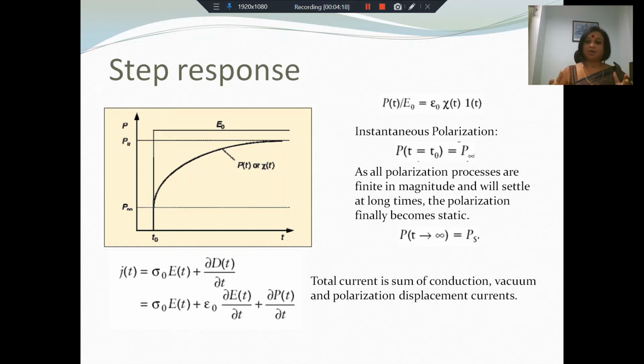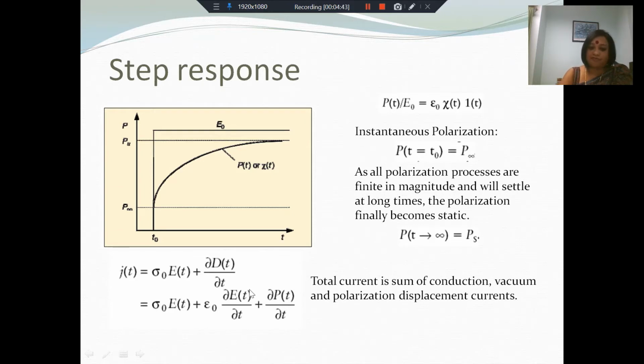So epsilon naught E is the flux density when you have free space and you apply an electric field E. In addition to that, because of the dielectric material, because it either has dipoles or can cause dipoles, and these dipoles orient themselves in the direction of the field, there will be a second current, and this is del P del t, which is due to the time rate of change of polarization.